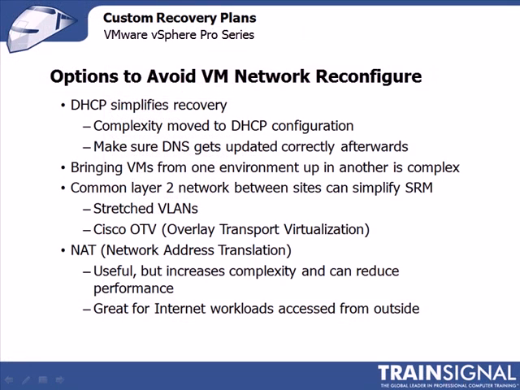Okay, so we talked about some options for reconfiguring VMs to meet the needs of their new environment that they live in, but it's also a good idea to talk about some options to avoid having to reconfigure those same virtual machine networks. One of those that we did talk about earlier, which technically is a reconfiguration of the IP, but it doesn't have to change the VM's configuration, is DHCP.